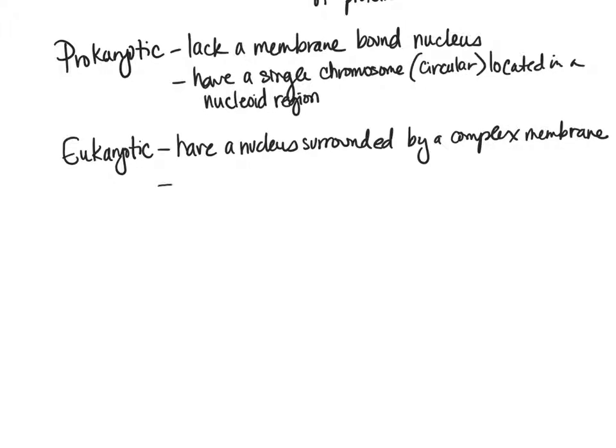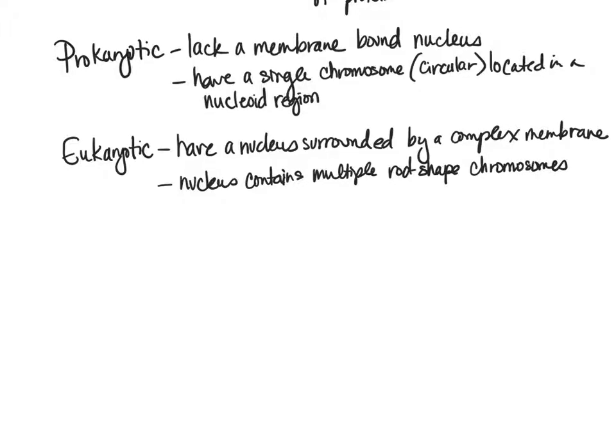And then in this case, the nucleus is going to contain multiple rod-shaped chromosomes. So rather than having one single circular chromosome, in our eukaryotic cells, we know that we have multiple rod-shaped chromosomes.